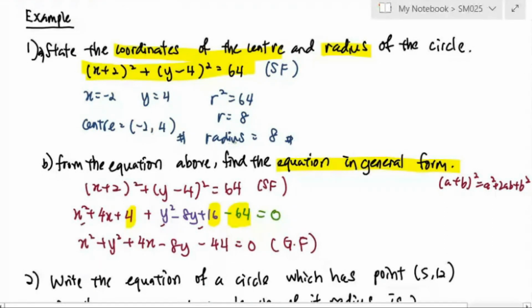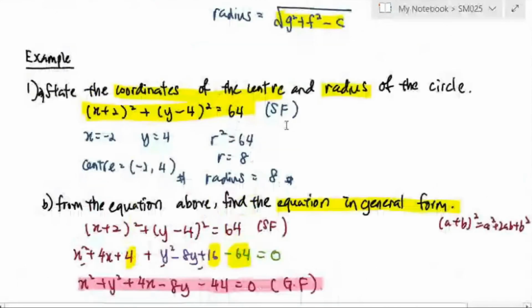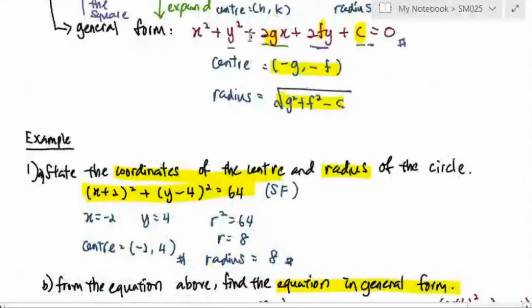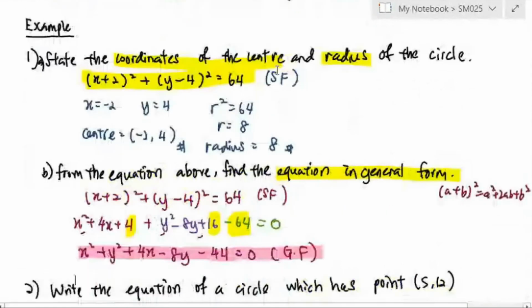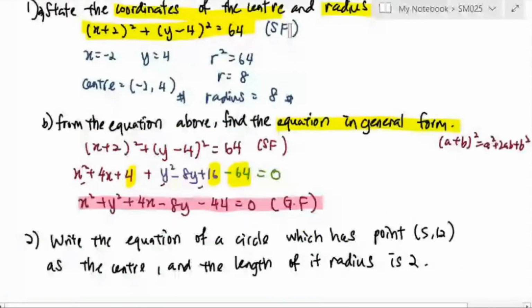Just now I showed you how to get the center and radius from standard form. Now we have this general form. In general form, what is the important keyword? You must find out what your GFC is. So what's your GFC here? This is like an extra.